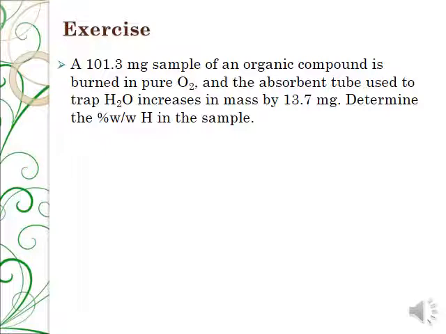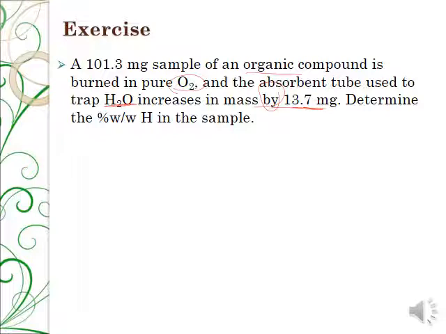Okay, so this is an exercise that you can try. Again, burning of an organic compound in oxygen, producing H2O, and the adsorbent trap increases in mass by 13.7 milligram. Determine the percent weight over weight of hydrogen in the sample.